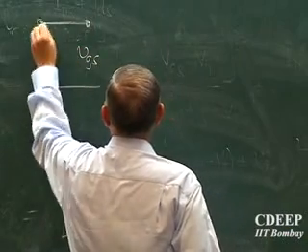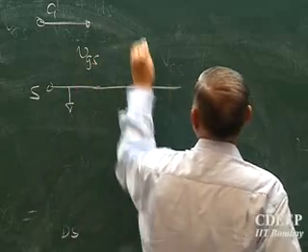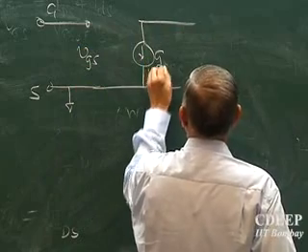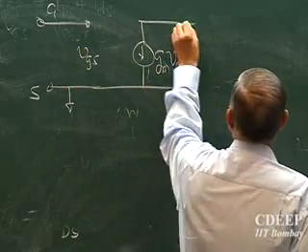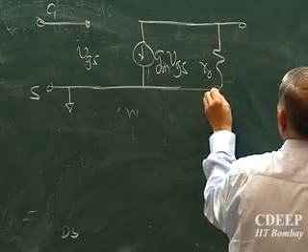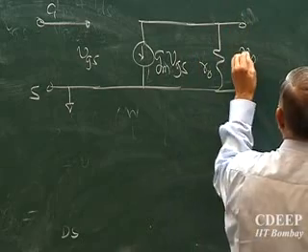This is VGS, this is source grounded, GM VGS, R0, call it drain or output.